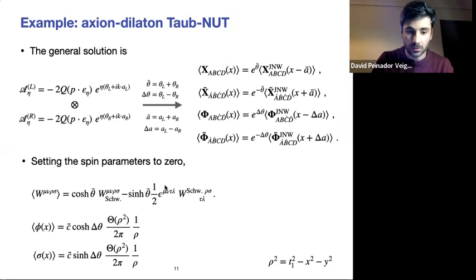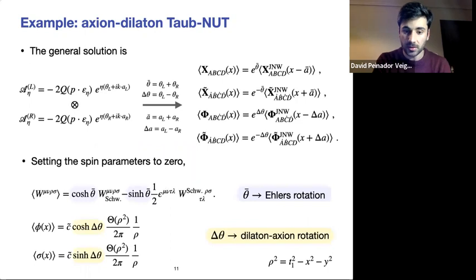So essentially we conclude the same thing, that the theta bar is an Ehlers rotation. And similarly, for the delta theta, we get that it's a rotation between the dilaton and axion. Of course, we're getting hyperbolic trigonometric functions because we're in (2,2) signature, but that's completely fine.